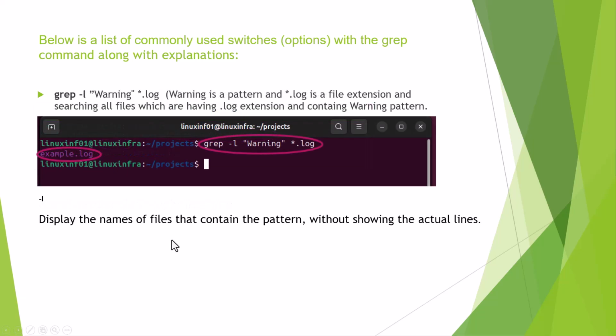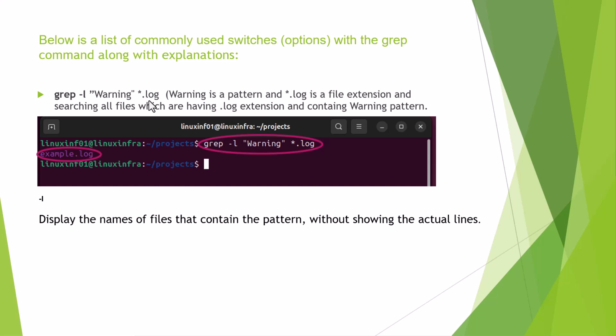And the next is grep with -l, a small l, and this is warning and *.log. So this is my file extension. Suppose you have a txt file, so you can mention *.txt, and this is the pattern, and this the extension, and this will search all files which are having .log.